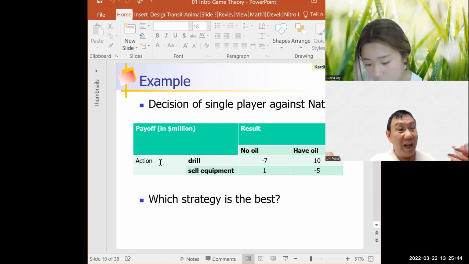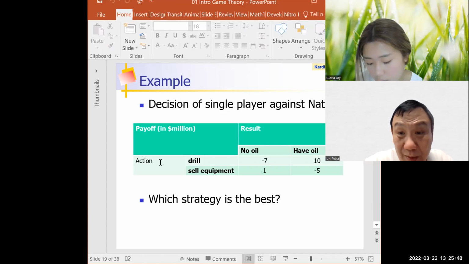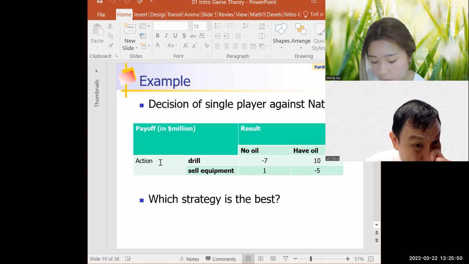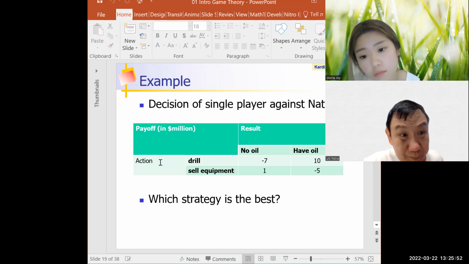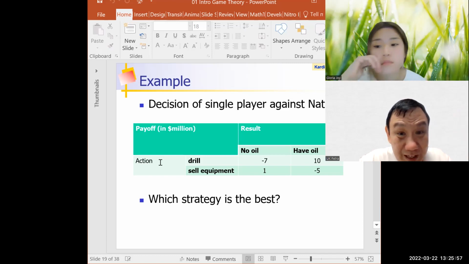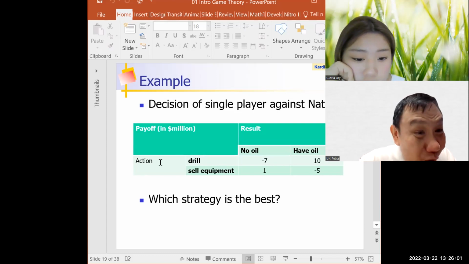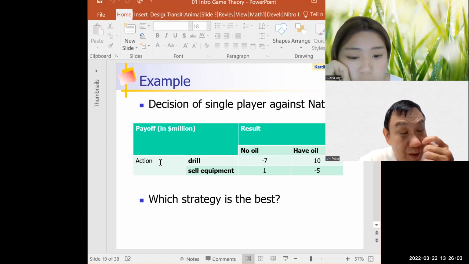If you sell equipment instead of drilling, you will earn 1 million. Drilling equipment is expensive, right? And if you sell equipment and actually there is oil, you lose an opportunity of 5 million dollars.